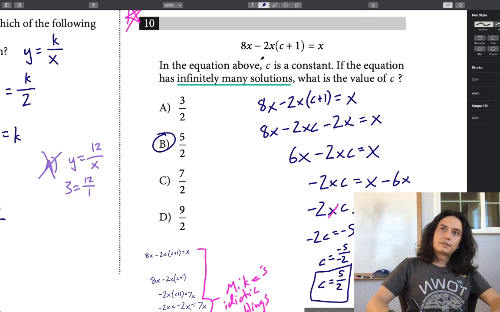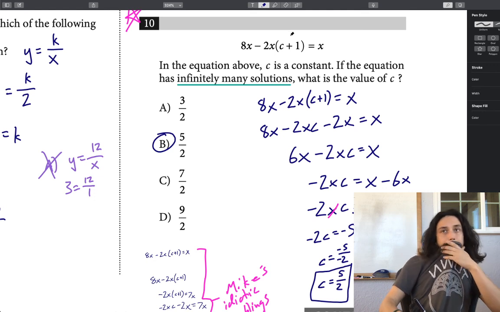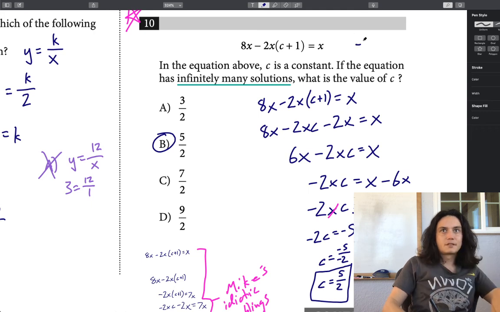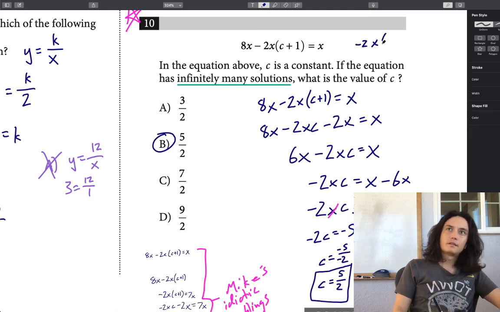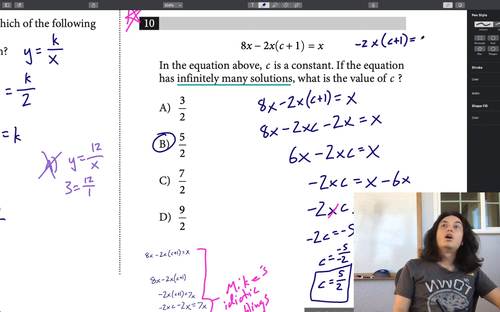And I was like, it needs to end up being x equals x. And in order for it to end up being x equals x, this needs to be negative 7x.